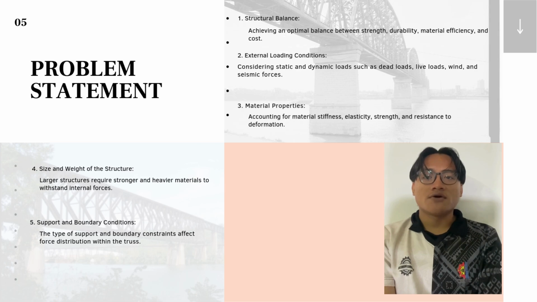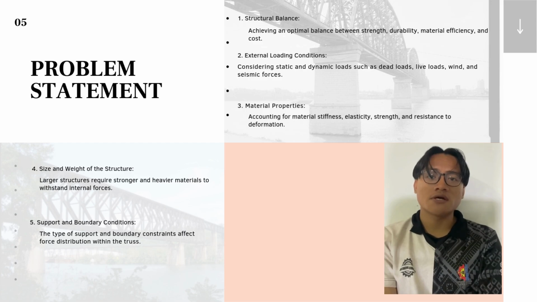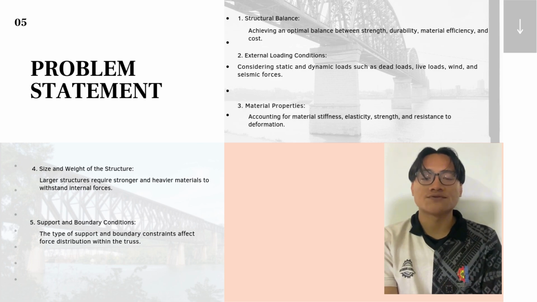Size and weight of the structure, where a larger structure requires stronger and heavier material to withstand internal forces. The next one is supports and boundary conditions. The type of support and boundary constraint affects force distribution within the truss.